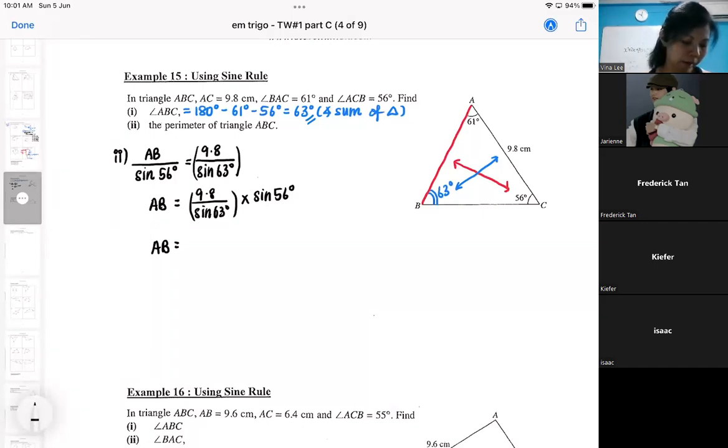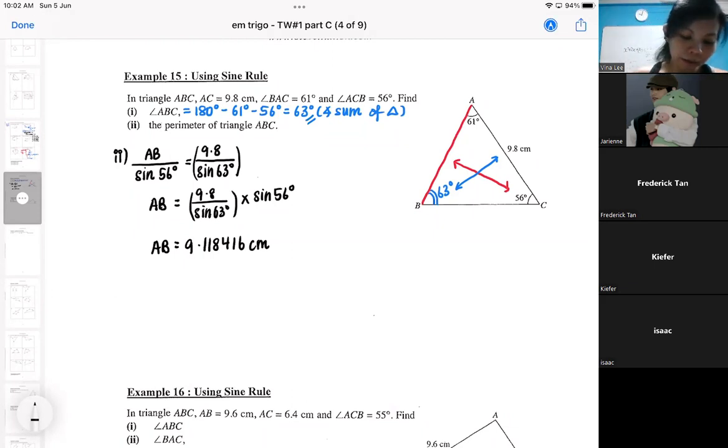It's just that the answer is really not nice. And don't give 3SF, because later on you're going to add up for the perimeter. So do not give 3SF. That's not your final answer. So one arrow, one fraction. The side that you would like to find can form an arrow with an opposite angle.